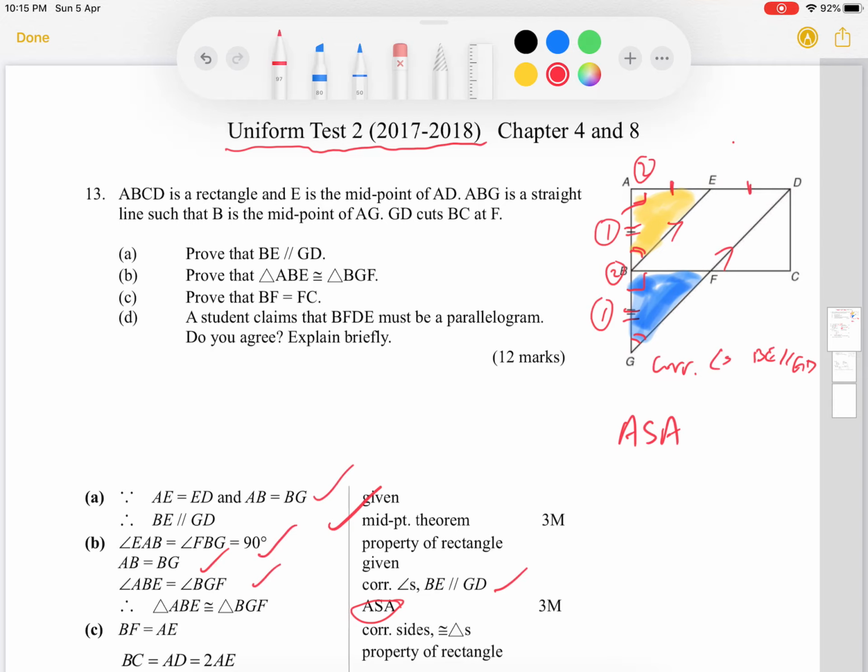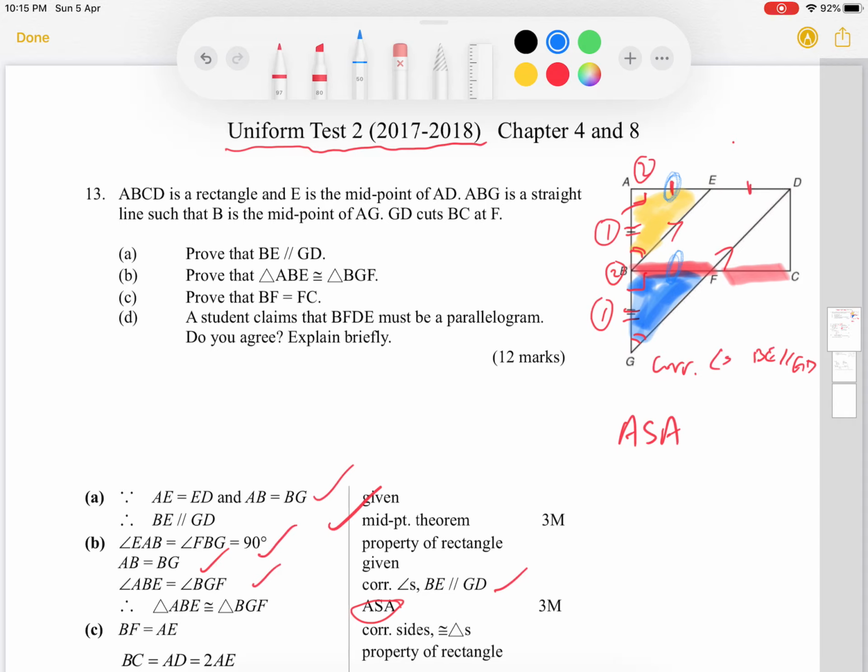And then you're going to show that BF equals FC. I use the red one, BF, and the FC. You don't know yet, but you have proved that these two triangles are congruent, so this side and this side are already equal.